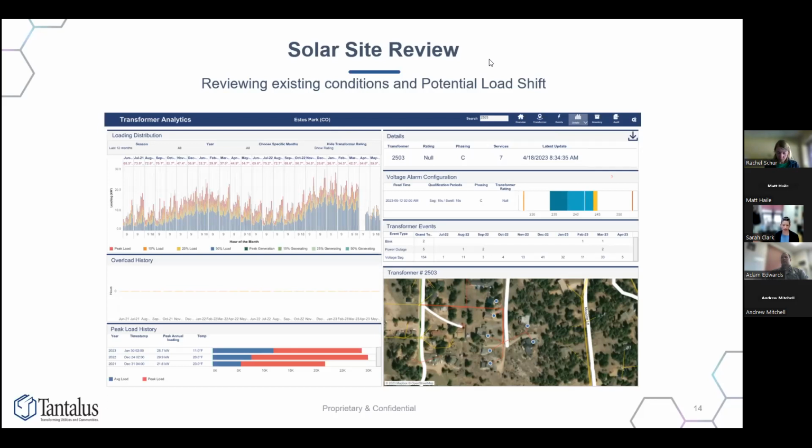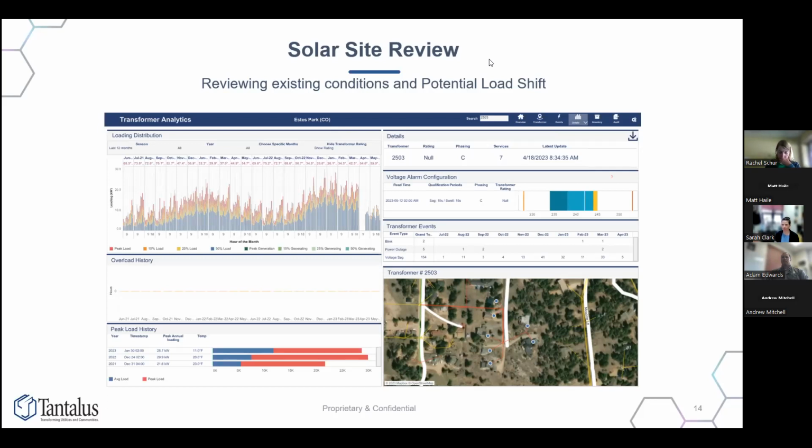And with the analytics, I'm sorry, I didn't pull up a picture of it, but once you pull up the details page, there's a simulation feature where you can put in the anticipated solar loading and see how that shift is going to potentially line up.